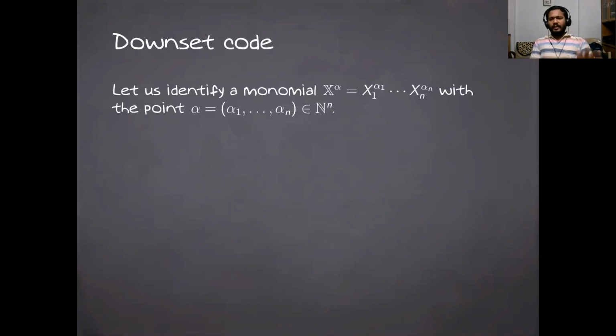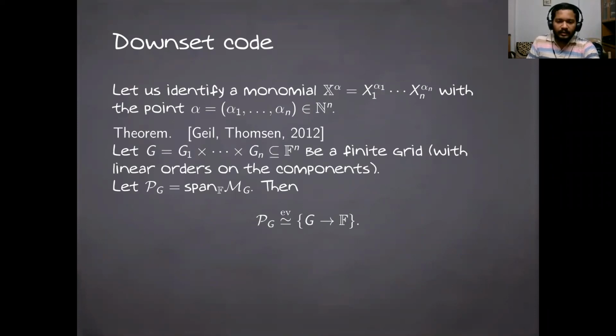So now we come to the main object that we are interested in. These are called downset codes. As I said a little while earlier, I would most of the time identify a monomial with the multi-index corresponding to it. Let's start with a classical result. I'm mentioning one reference here, Gale and Thompson, but you would find it at multiple places.